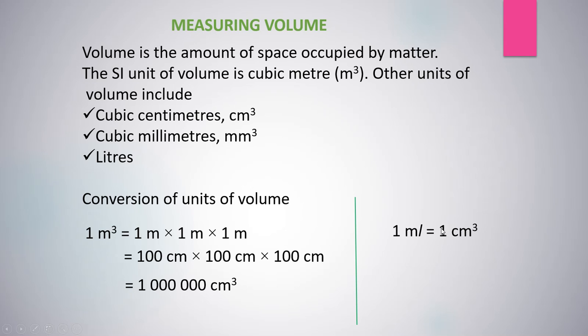So 1 milliliter is equal to 1 cubic centimeter, and 1,000 milliliters equal to 1 liter, implying that 1,000 cubic centimeters equal to 1 liter. But 1 cubic meter is equal to 1 million cubic centimeters, or 1 million milliliters.